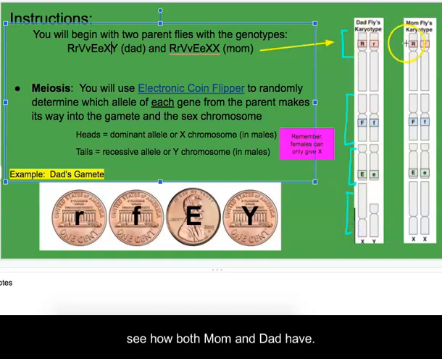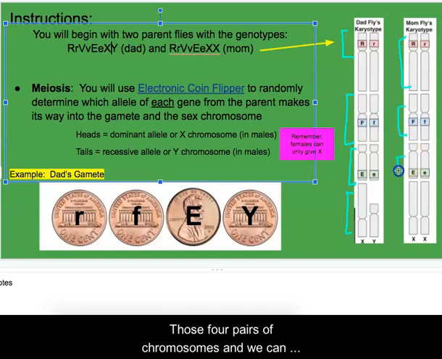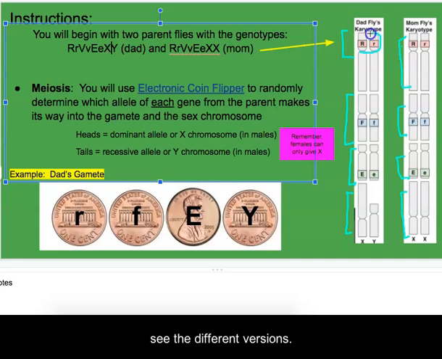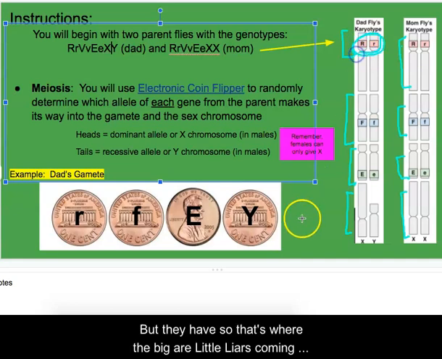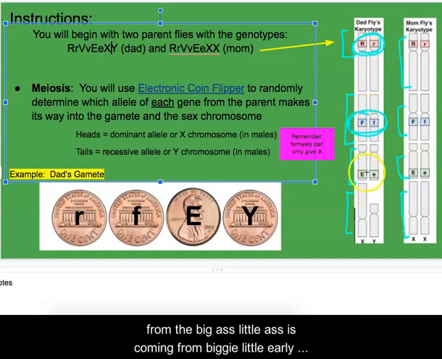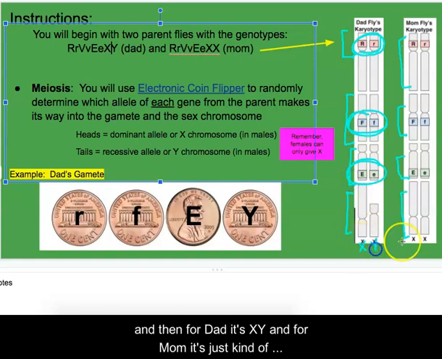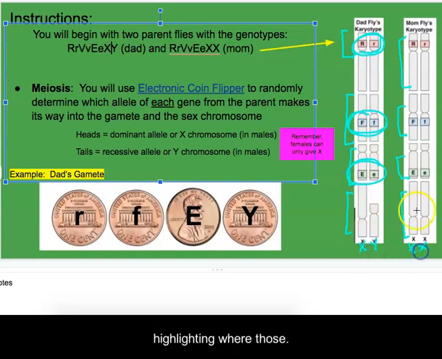So you can see how both mom and dad have those 4 pairs of chromosomes, and we can see the different versions that they have. So that's where the big R little r is coming from. The big F little f is coming from. Big E little e, and then for dad, it's XY, and for mom, it's XX. Just kind of highlighting where those came from.